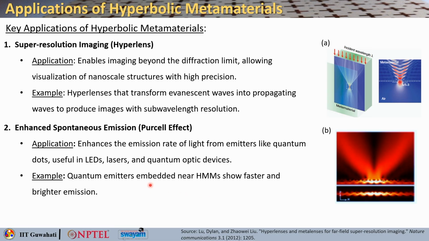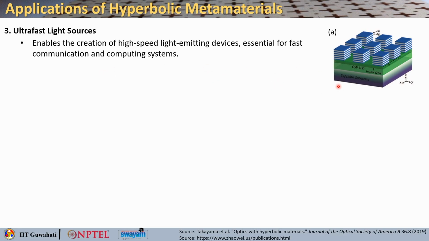So, quantum emitters embedded near the hyperbolic metamaterials show faster and brighter emission. You can also develop ultra fast light sources, which enables the creation of high speed light emitting devices essential for fast communication and computing.